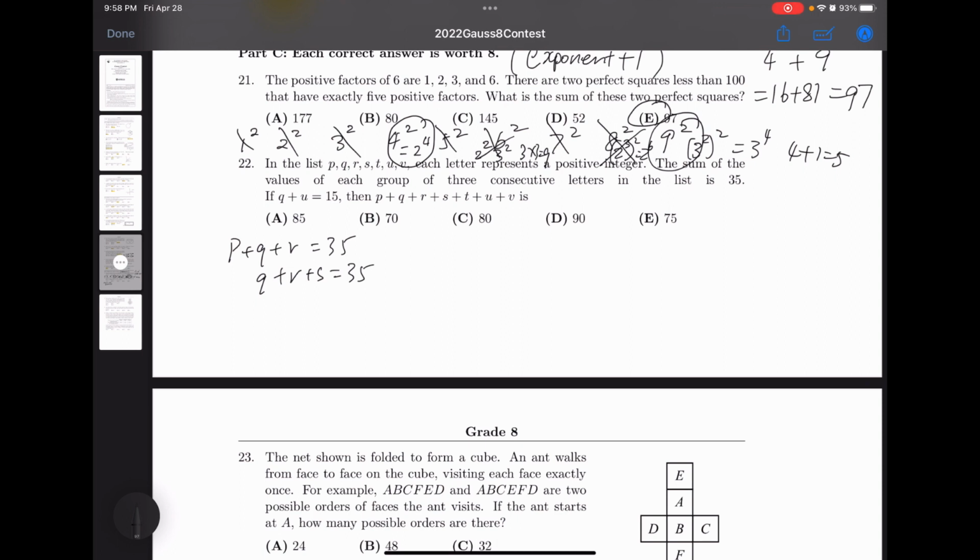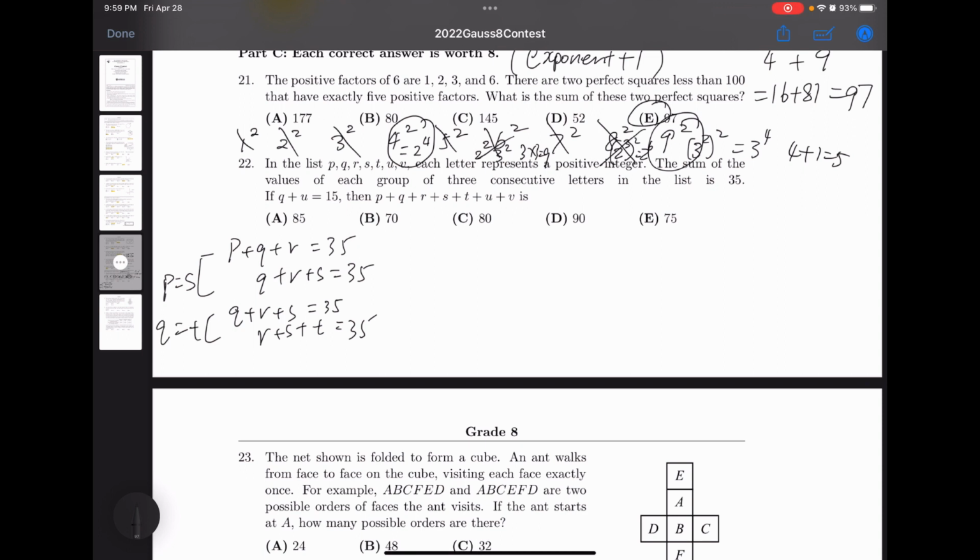From these two equations, we get that P equals S. The next set is Q plus R plus S and R plus S plus T, and both of them equal 35. Therefore, Q equals T.